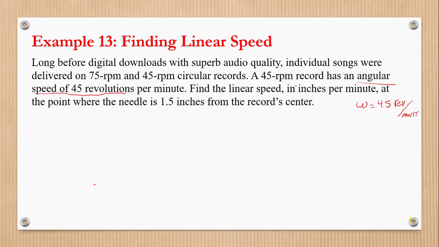Find the linear speed in inches per minute at the point where the needle is 1.5 inches from the center. 1.5 inches from the center means r is the radius. I have the angular speed, and I want to find the linear speed.